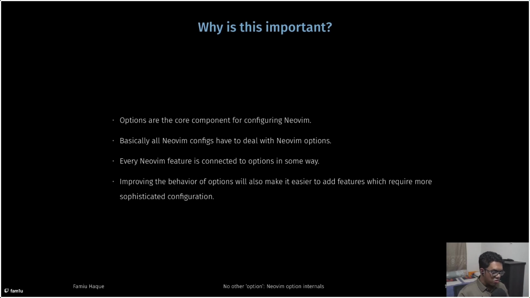So if you want to do basically anything, modify your status line, set line numbers, configure line wrapping, set a win bar, or let's say you want to set your complete func, basically anything, you have to do it through options. Basically, all Neovim configs have to deal with Neovim options.